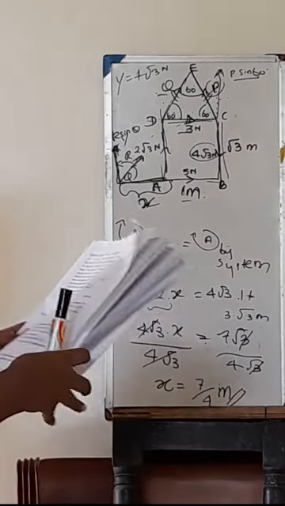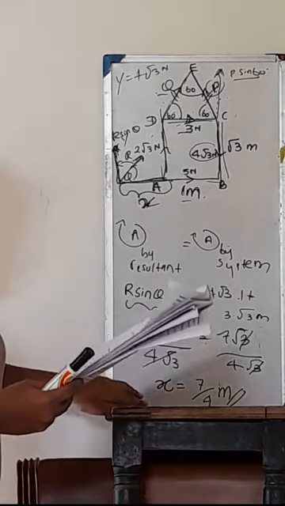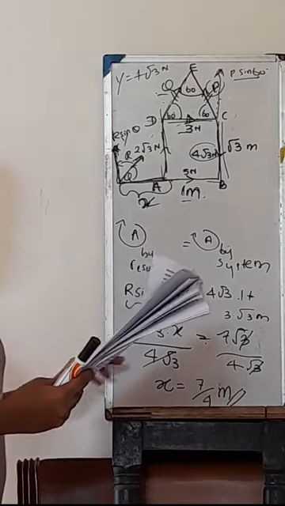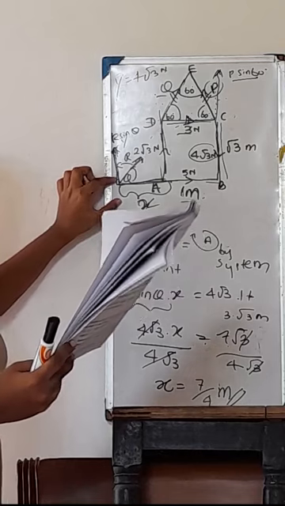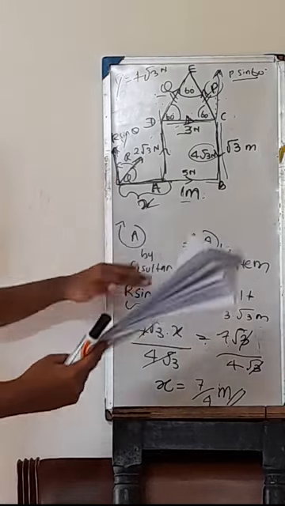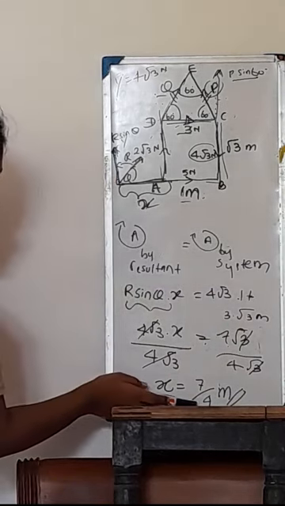So that's all. So we have found that this distance is 7 over 4 meters. But the answer should not be finished from here.